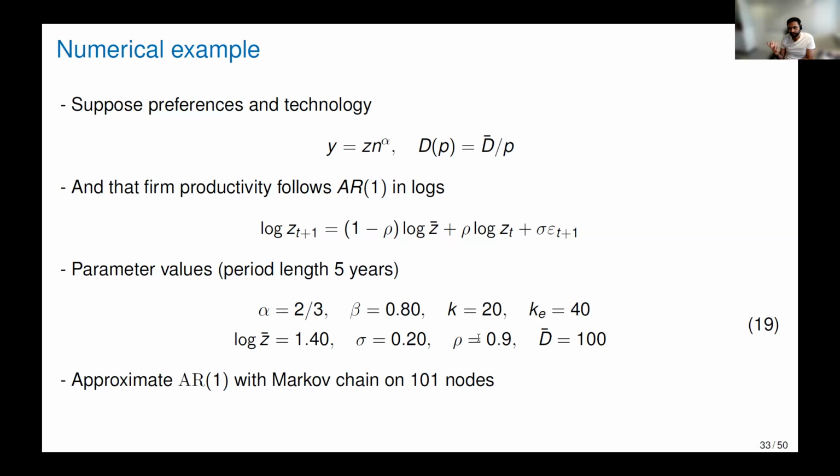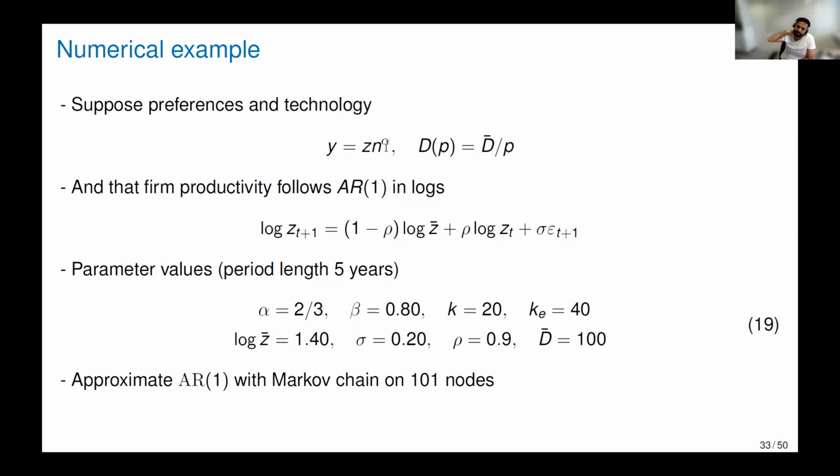There is a kind of simulated method of moments that people use to get close to the moments you want to match in the data, but still in most macro papers you will not see the standard errors on the parameters. For instance, here I'm saying I want to calibrate beta equals 0.80, but I'm not saying what the range of beta is.